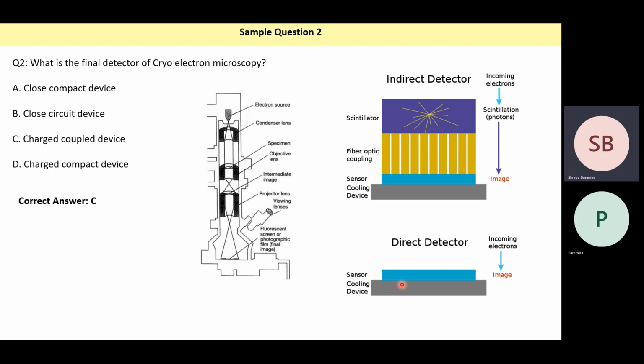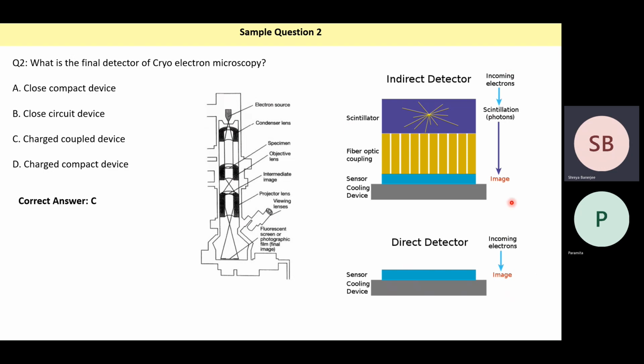Direct detectors can also be used, where the electrons strike a fluorescent plate, and wherever the electron is striking, a dark spot is formed. So the electrons are directly generating the image. But the image from direct detectors is not very well resolved.